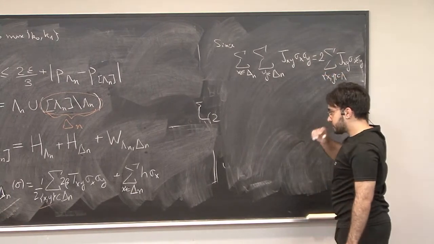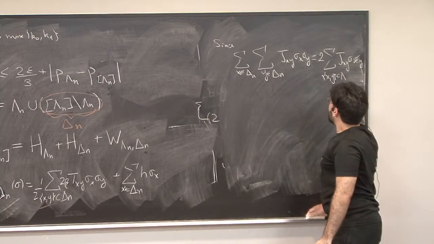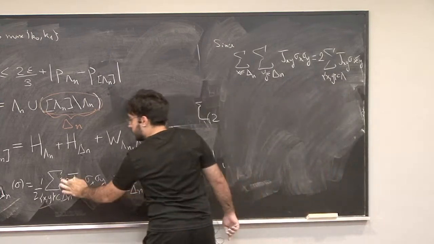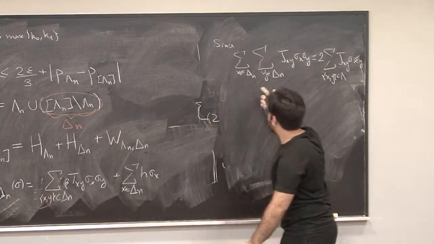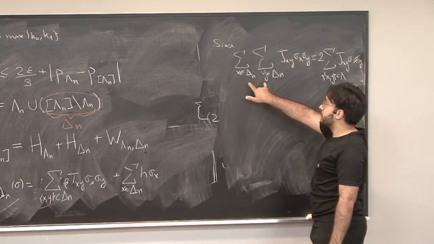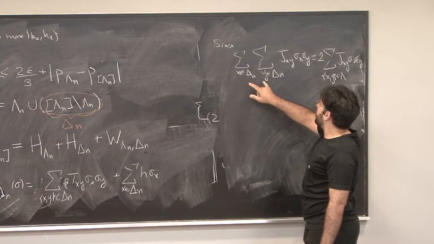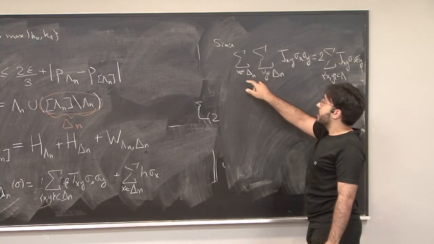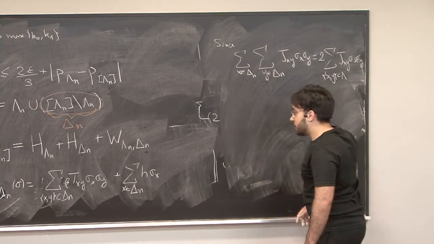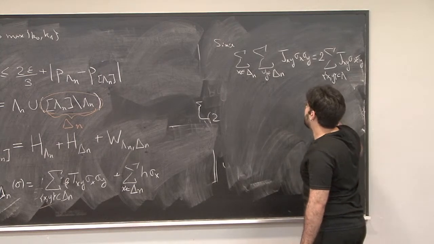Okay, I can have repetitions here because I'm summing x and y and y and x, and in this sum I don't have a repetition.